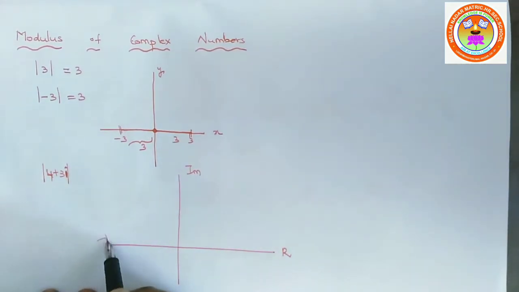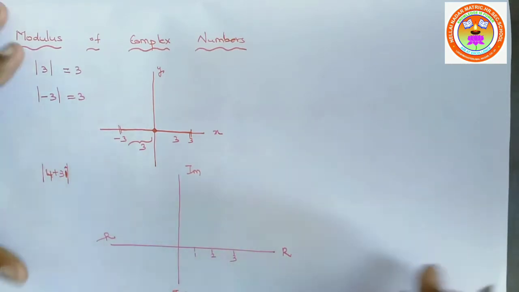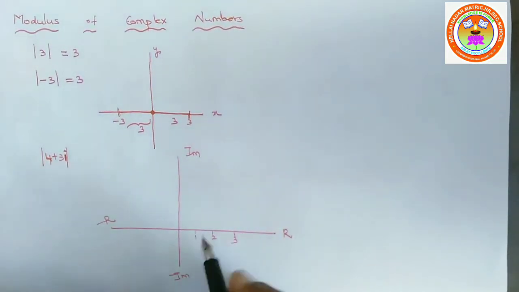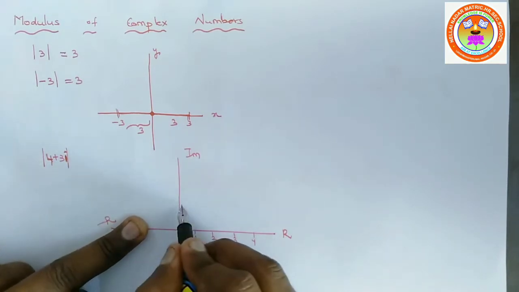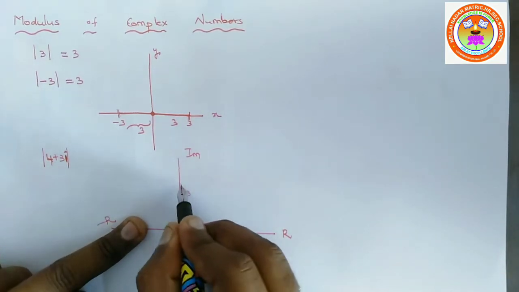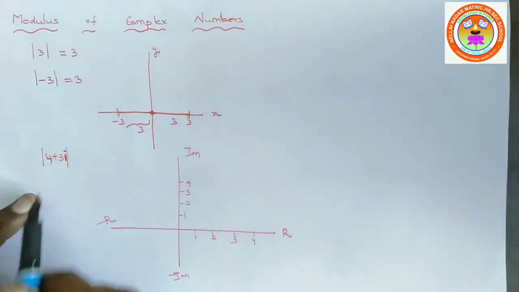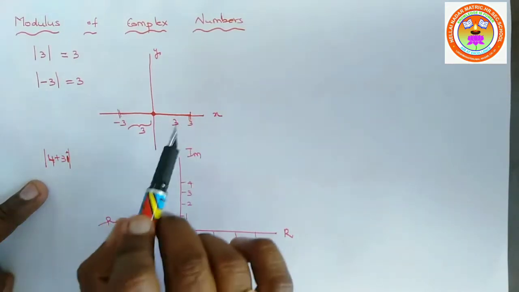So this is minus real, this is minus imaginary. So we know this is 1, 2, 3 and 4. This is 1 which is nothing but i, this is 2i, this is 3i, this is 4i, but I am not going to place i, so leave it as it is. So for 4 plus 3i, you can find the distance easily on a number line or in the xy plane, no problem.